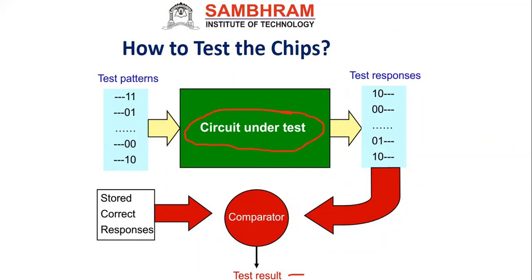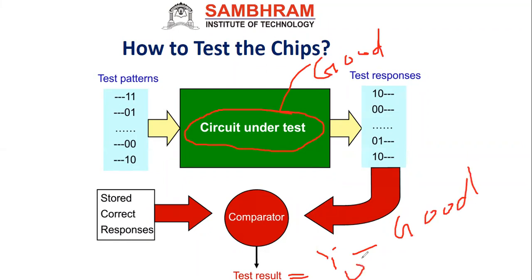If the test result is 1, say for example, 1 means true. If it is true, then your IC is good. Correct? 1 means the IC is good. If it is 0, if the comparison gives 0, it means not equal. Correct? It means your IC is bad. So it is a defective IC, we can say. Like this way, you have to check.